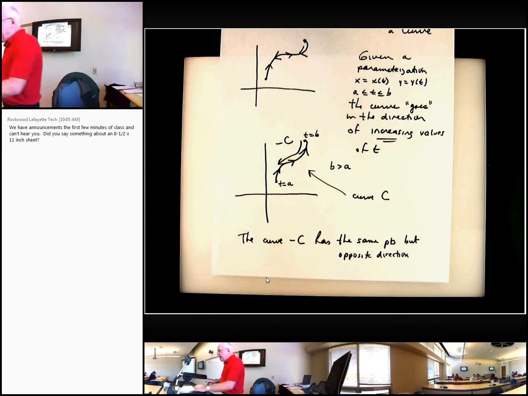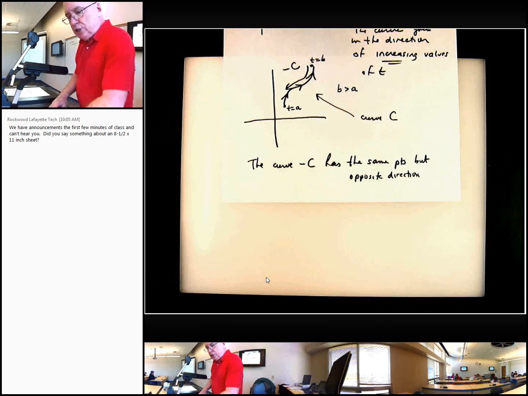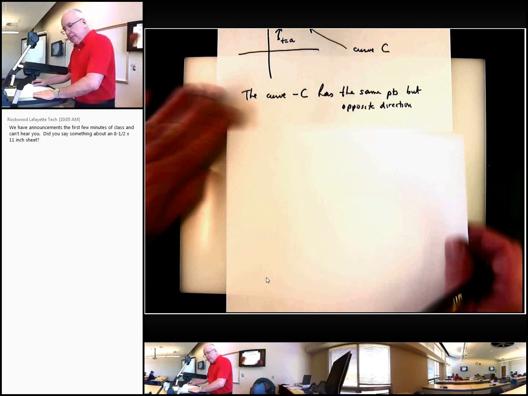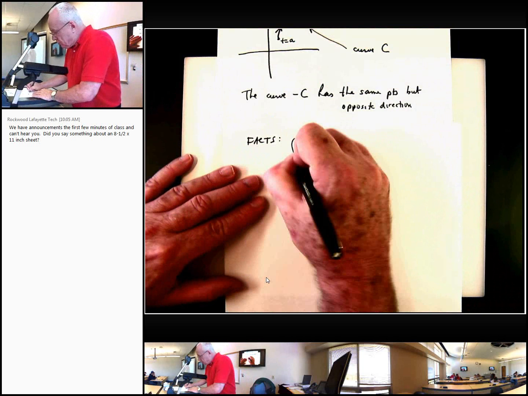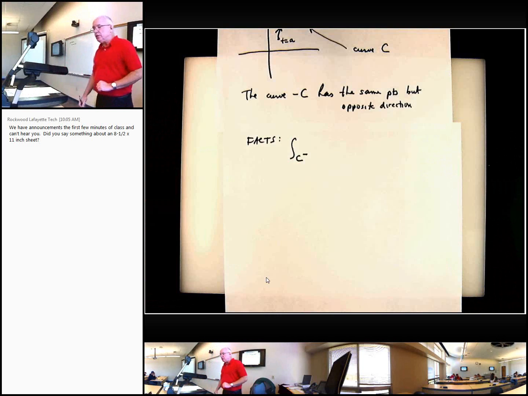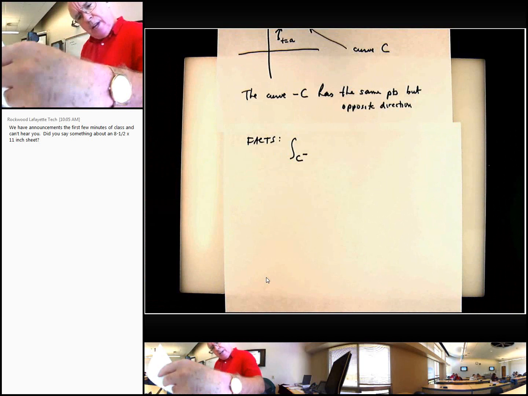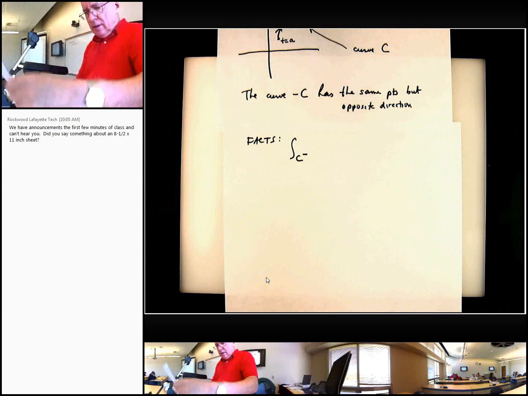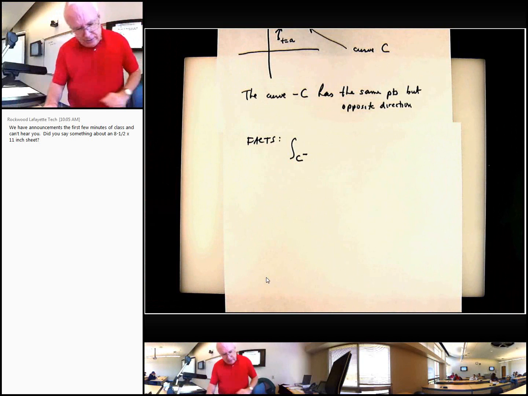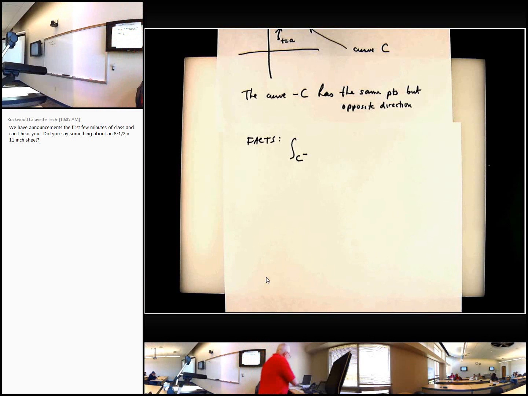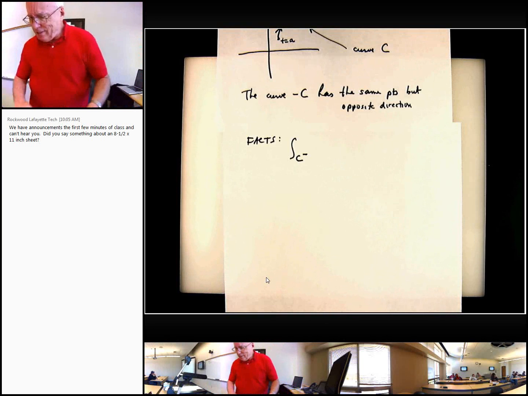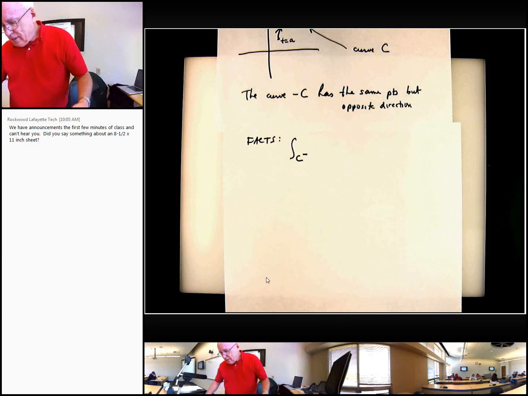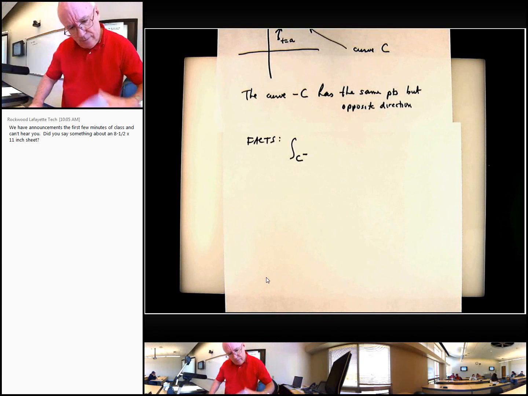Okay, a couple of facts here about these directions, which I'm not going to prove. The integral along the opposite directions. Oh, wait a minute. Is the minus in front of the C? I have a doubt in my mind now.